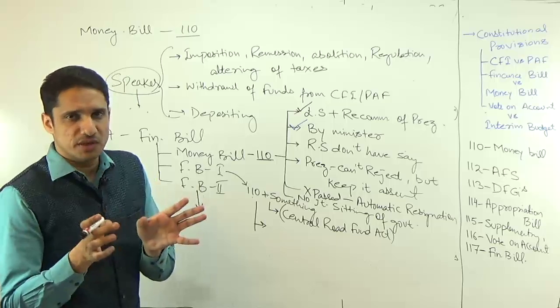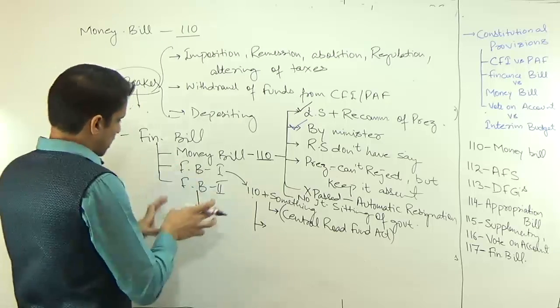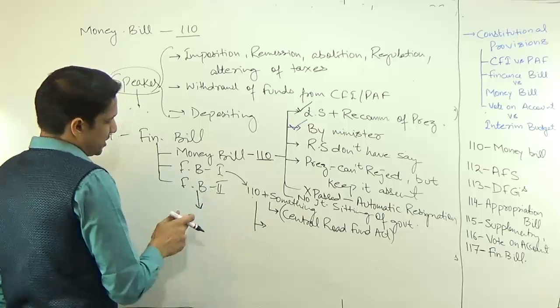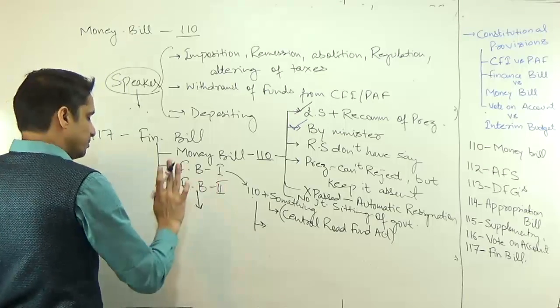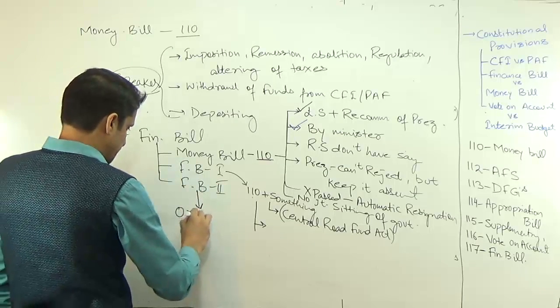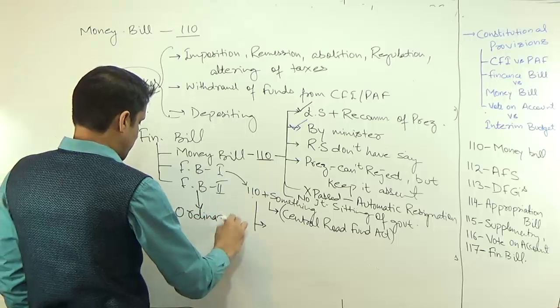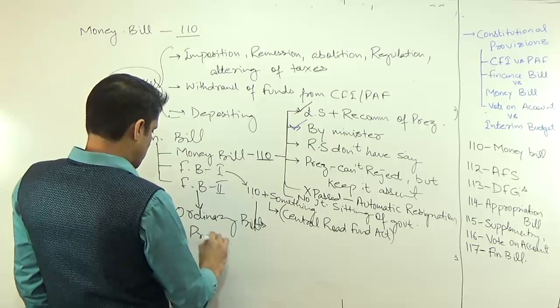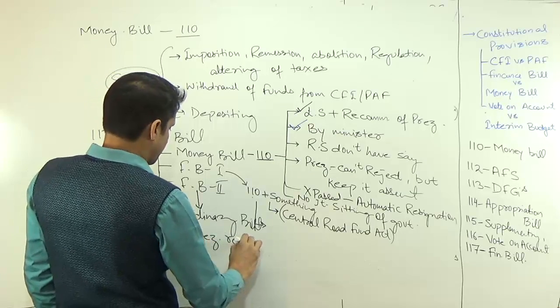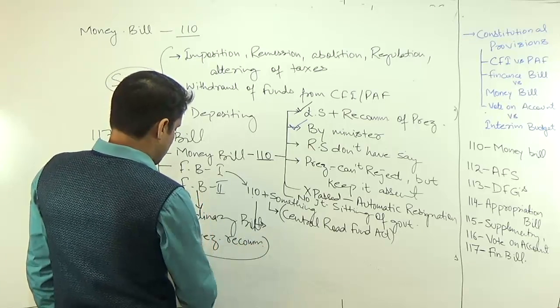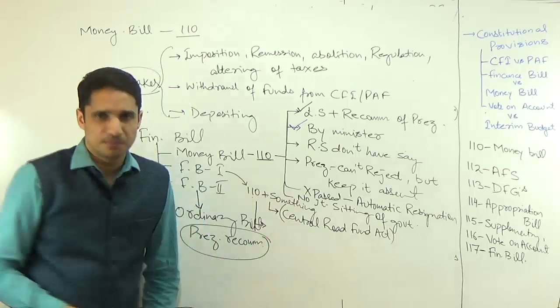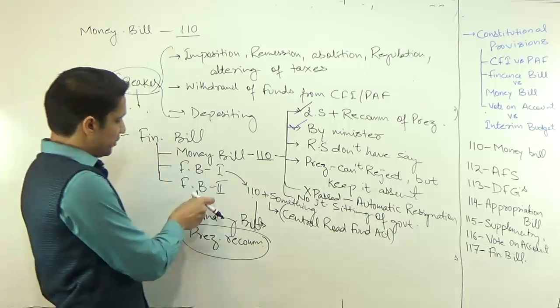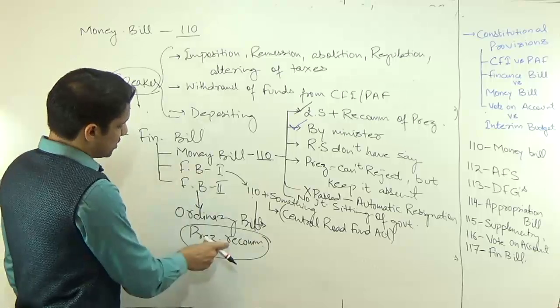So some act or bill will be there, and that act or bill will be regarded as finance bill 2. It is very much the same as an ordinary bill, except that the President's recommendation is a must. First you have to take the recommendations of the President. So the only difference between finance bill 2 and an ordinary bill is this one.